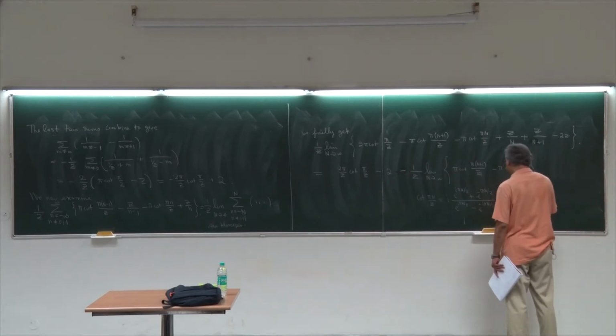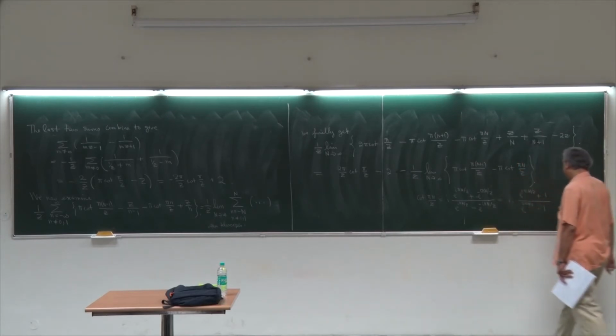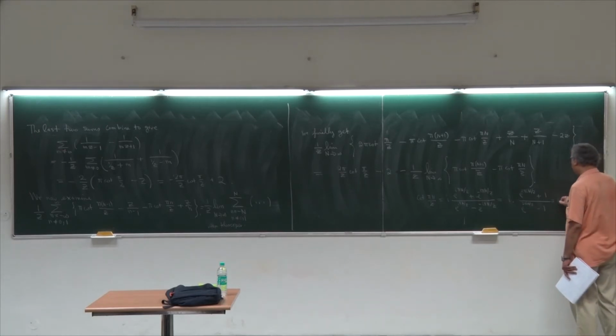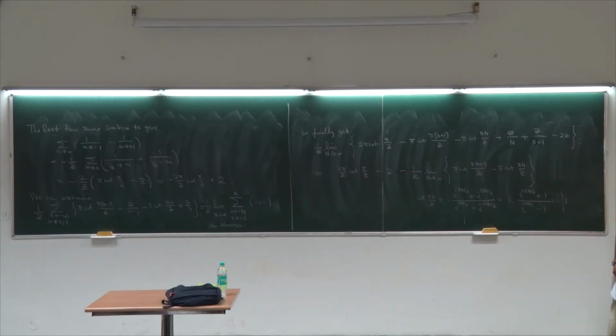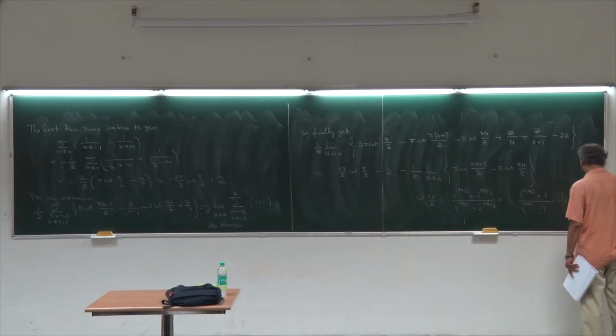And this you can rewrite by multiplying top and bottom by e to the i pi n over z, so you get e to the 2 pi i n over z plus 1 over e to the 2 pi i n over z minus 1, which I can rewrite as i times, well, take the common thing, which is minus 1 plus 2 over e to the 2 pi i n over z minus 1.